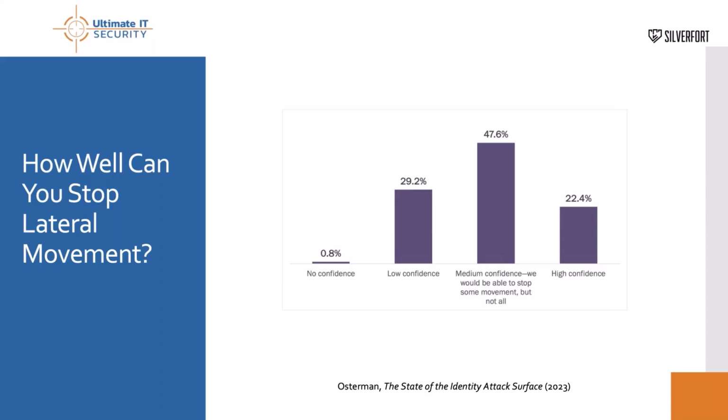When I see here that 22.4% think they have high confidence, it seems to me that the world is divided into those who think they can block lateral movement, and those who know they can't. I would even argue that if I could counter these 22.4% with the data we'll gather from their environments, this high confidence rate would drop significantly.